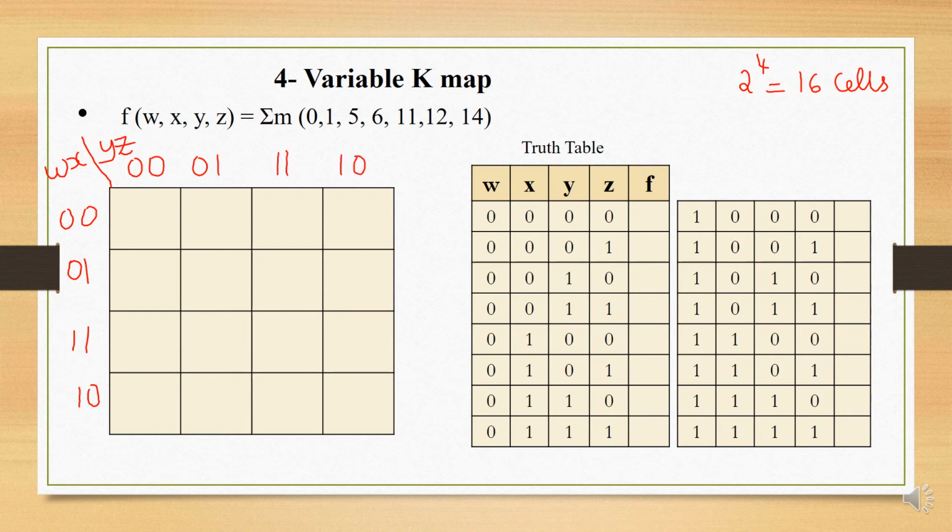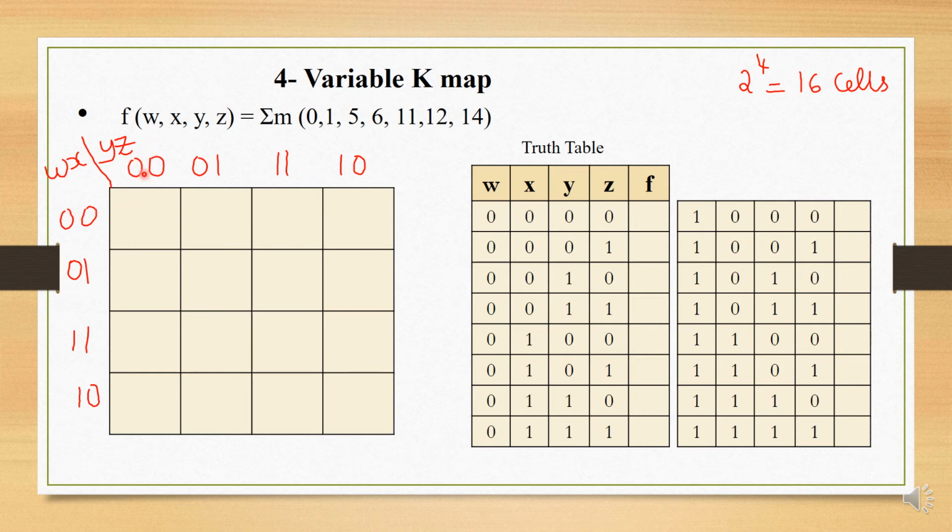Defining the cell numbers of the K-map, we can look into the combinations of w, x, y, z, that is 4 variables. We have 16 different combinations starting with 0 0 0 0 to 1 1 1 1. So the zeroth cell is represented by 0 0 0 0. wx is 0 0 here, yz is 0 0 in this column.